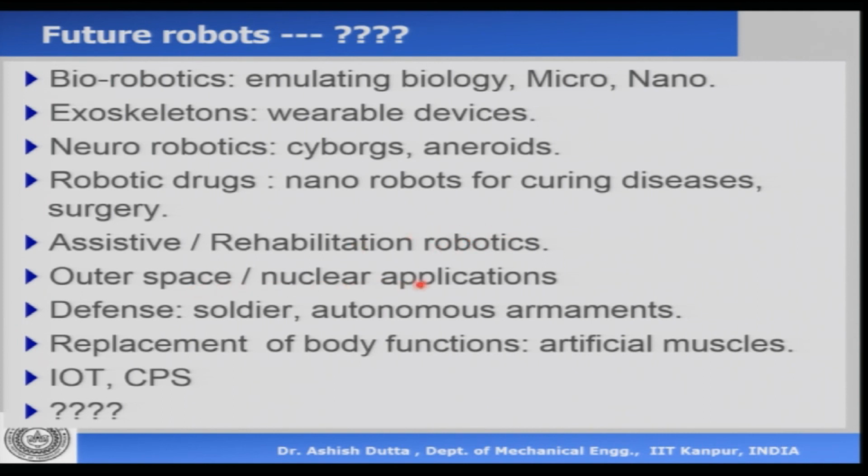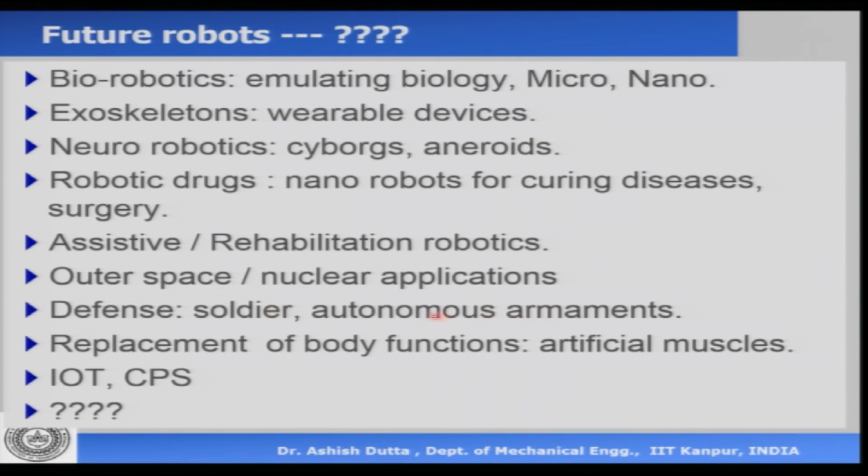Outer space and nuclear applications. Outer space and nuclear have traditionally been using robotics, and they are expected to continue using robotics in the future also, because this is where human beings cannot go. So the only option is to use robots. Defense, soldier, autonomous armaments.